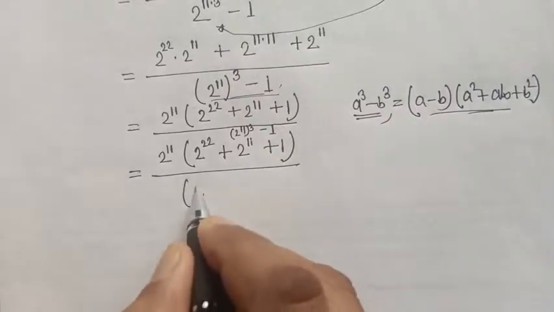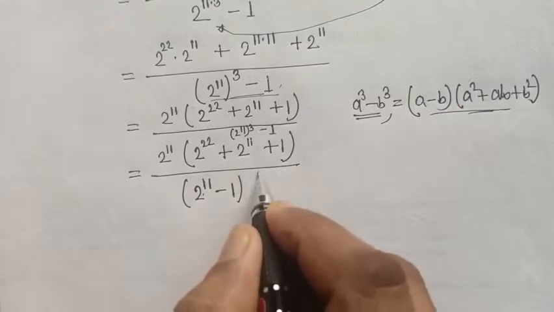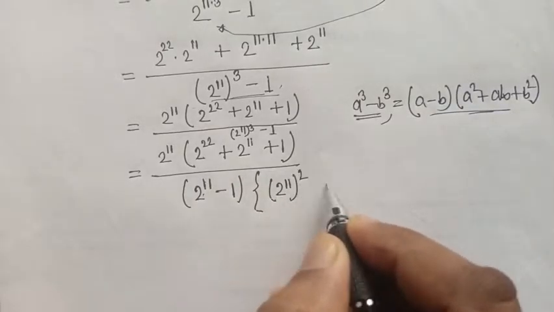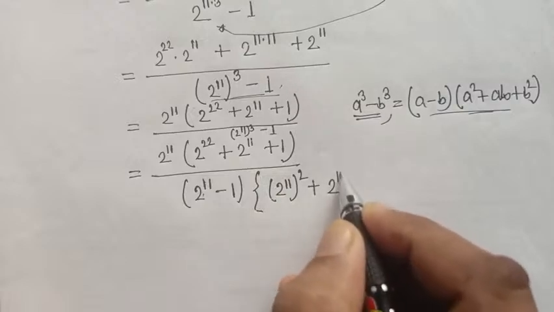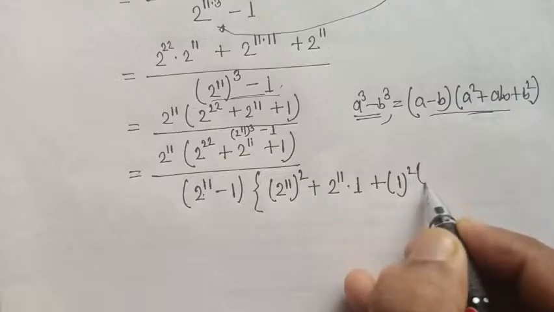We can write 2 to the power 11 minus 1 into 2 to the power 11 square plus 2 to the power 11 into 1 plus 1 square.